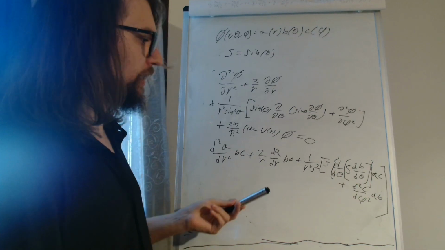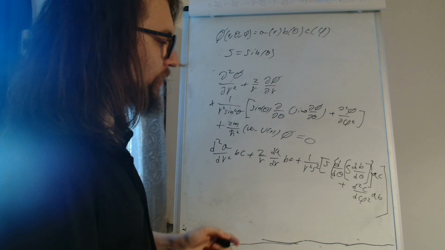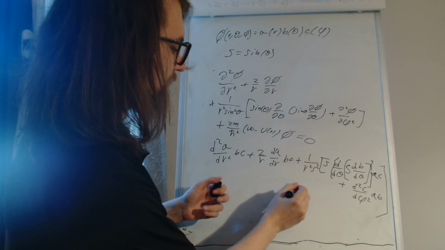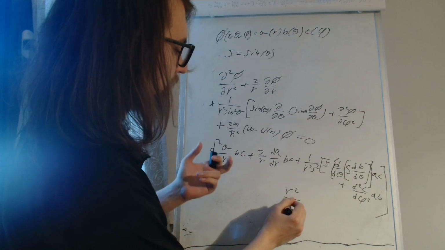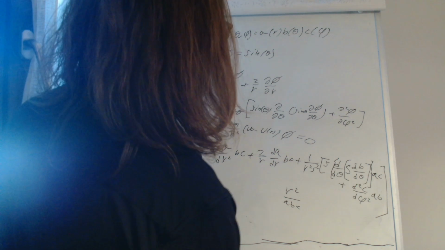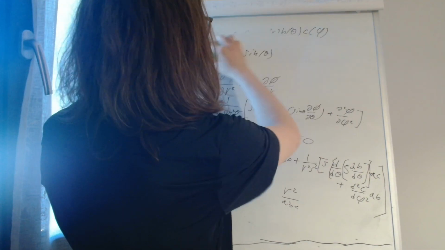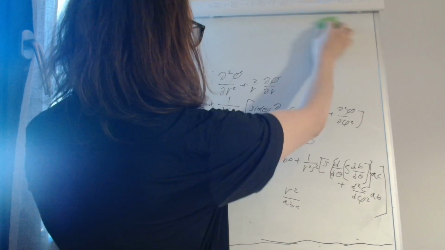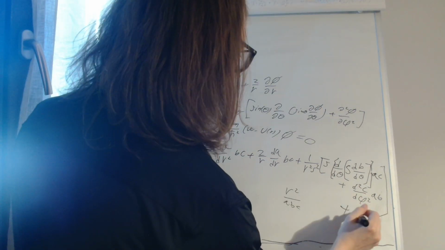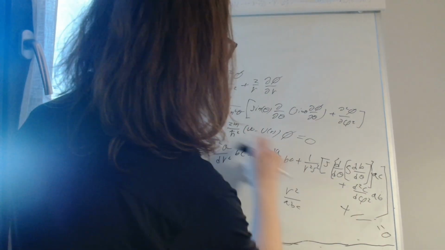We want to obtain isolated terms, so we are going to multiply everything by r squared and divide by phi, so a, b, c, and we write that here. Plus the energy term equals 0. The energy term is this.